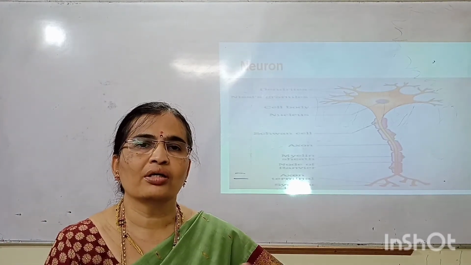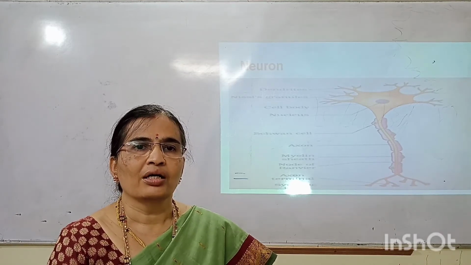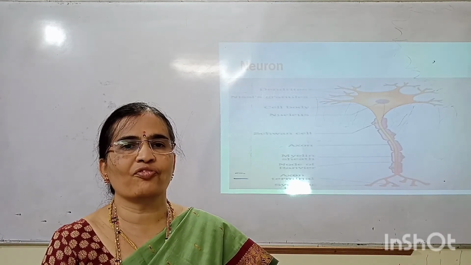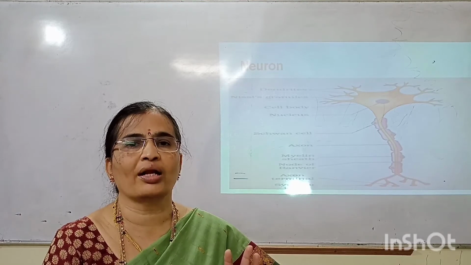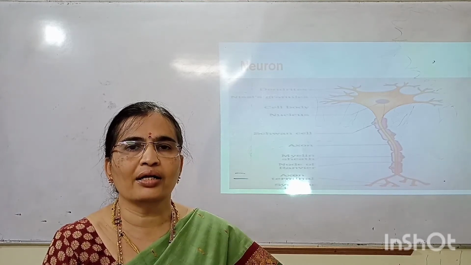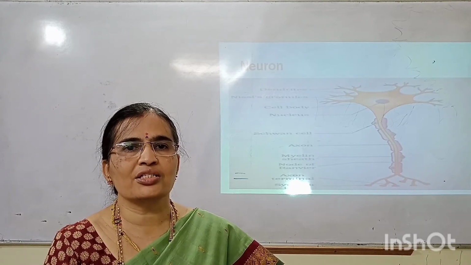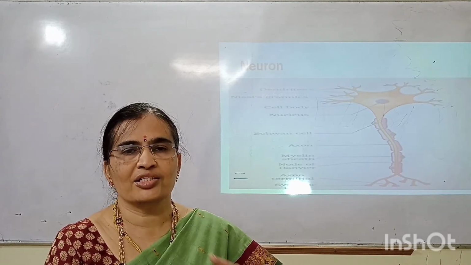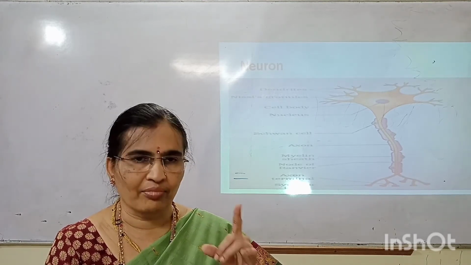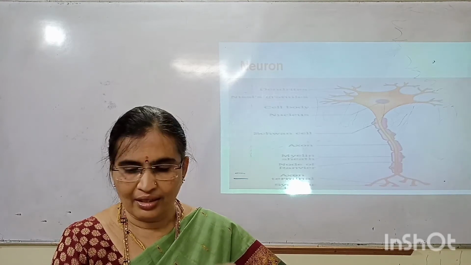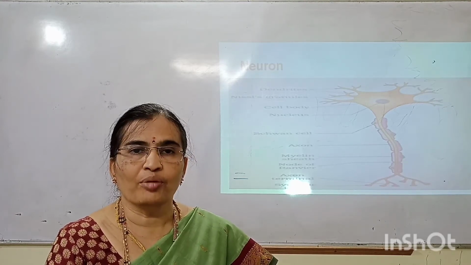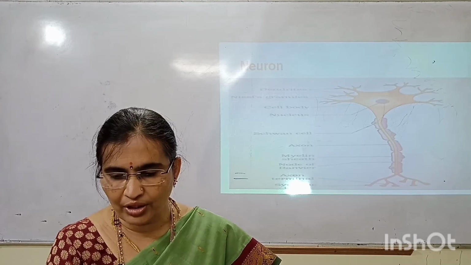Here our own immune system considers our own organs or cells as if they are foreign, and because of which it starts destroying them. This is called an autoimmune disorder.